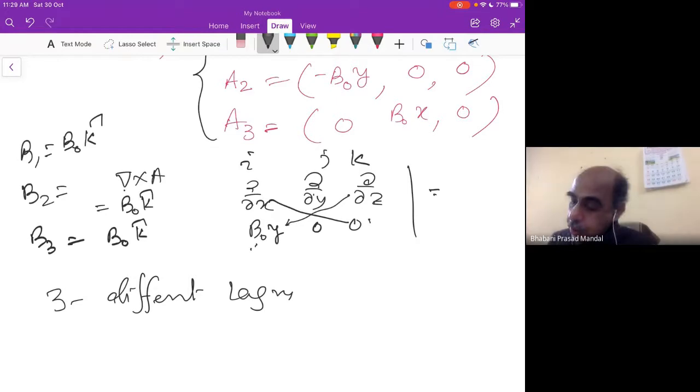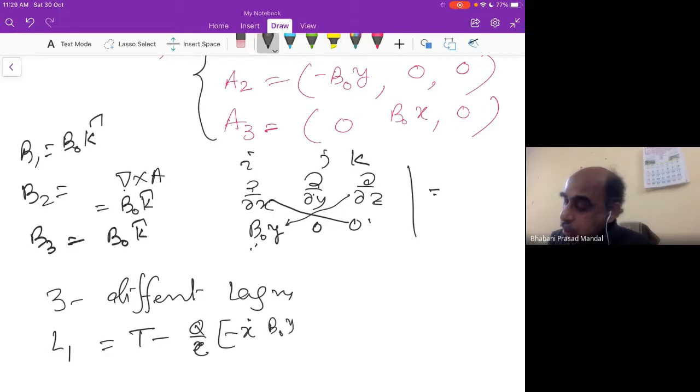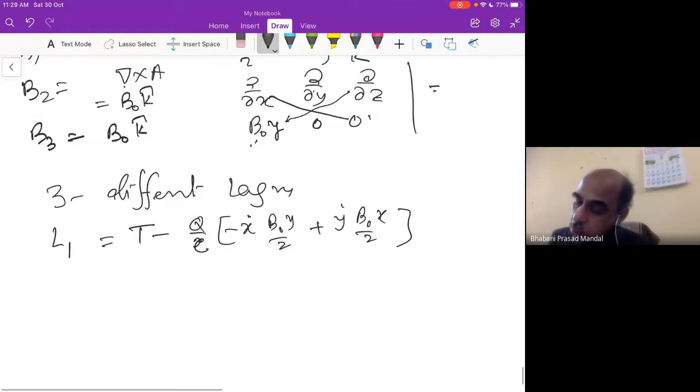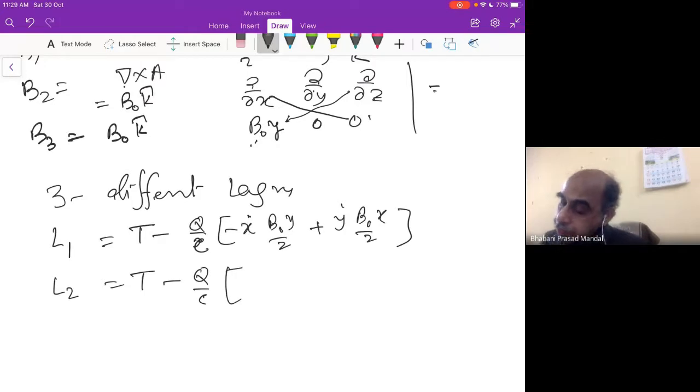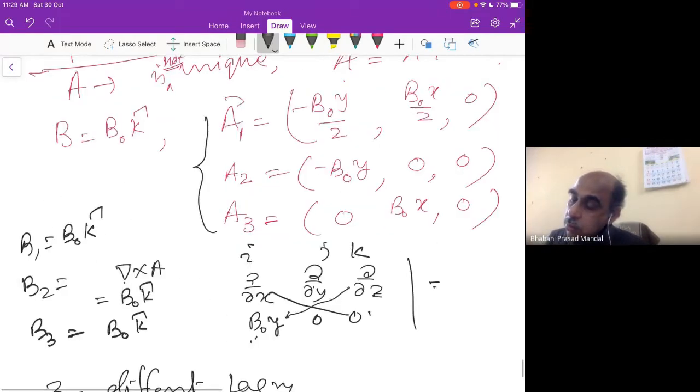Let us say L1 will be T, T has nothing, no problem, then q by c, then x dot times minus B0 y by 2, then plus y dot B0 x by 2. Right? Lagrangian 2 will be T minus q by c, now for Lagrangian 2, what did I have?